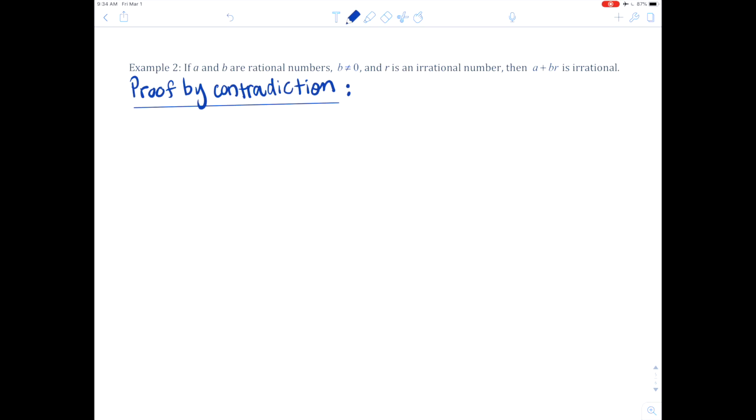What do we have to do? What's our setup? If we're doing this by contradiction, remember that the premise, which is all of this, has to be true.